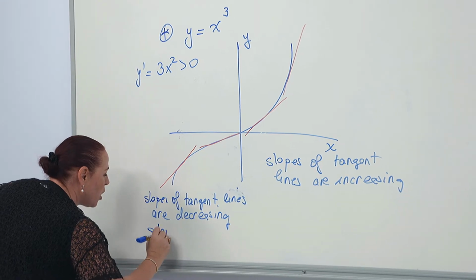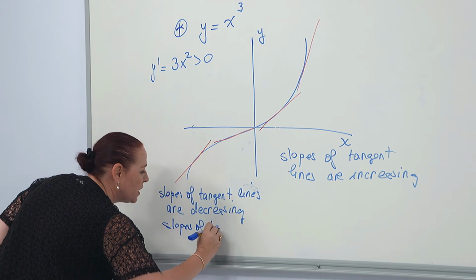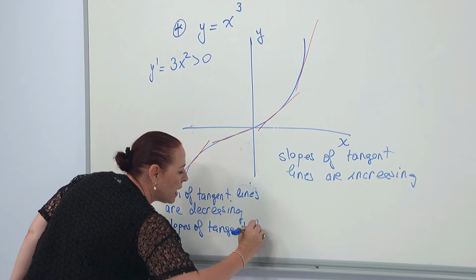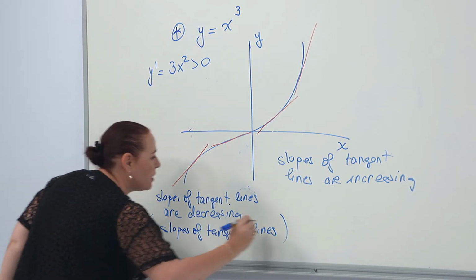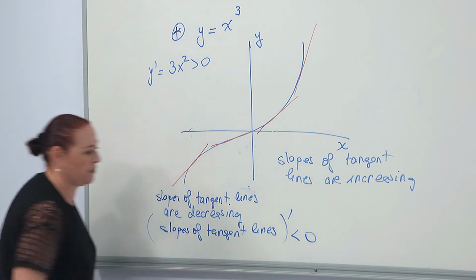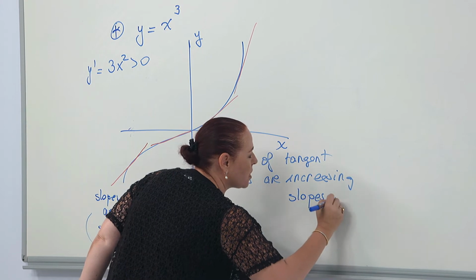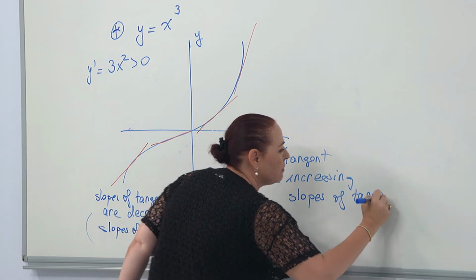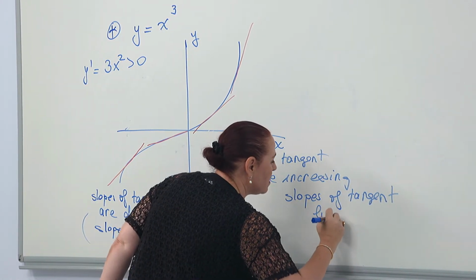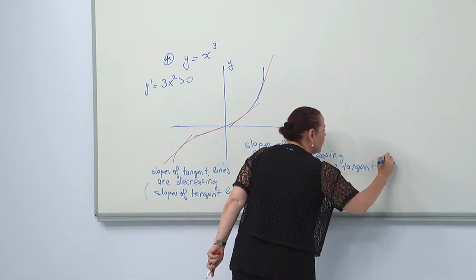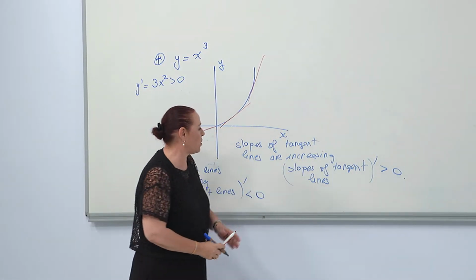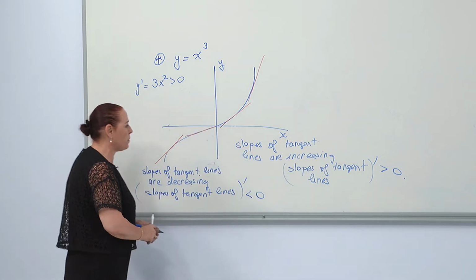We know that if a function is decreasing, the derivative is negative. So the slopes of tangent lines' derivative is negative here. Here, the slopes of tangent lines' derivative is positive, because it's increasing, the derivative is positive.